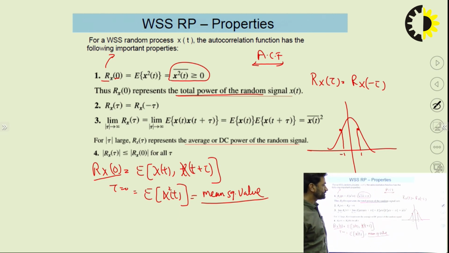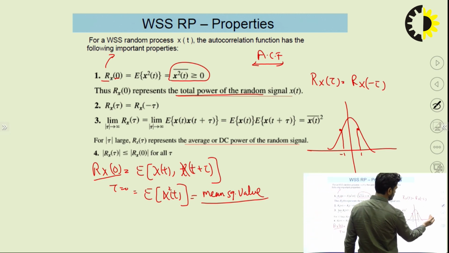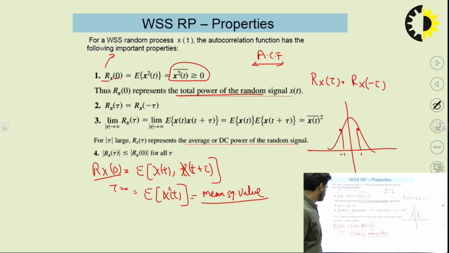It's an even function: the same value on the positive axis and on the negative axis. Now, R_x(tau) is always less than or equal to R_x(0). The maximum value we get is when tau is 0.